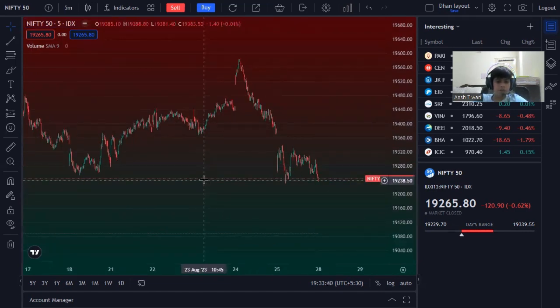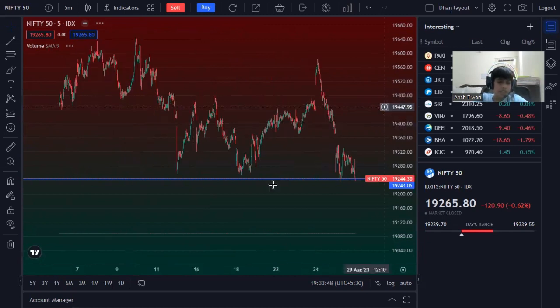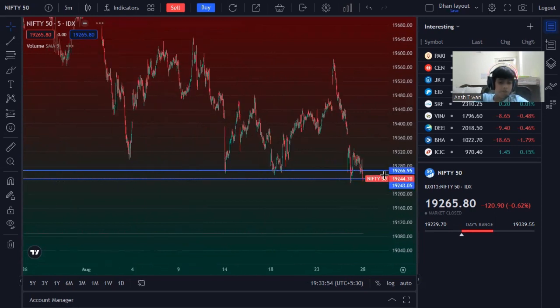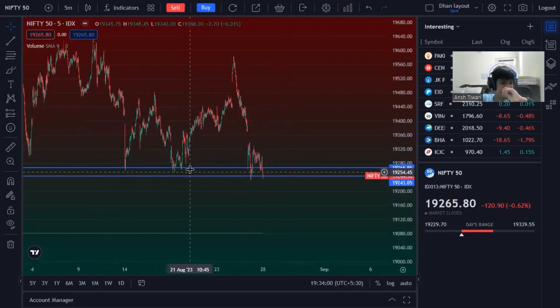So let me mark a line here for future trading. And as we can see, this is nearby this support, but we cannot confirm if the market is taking support on that level only or if it's taking support on this level.